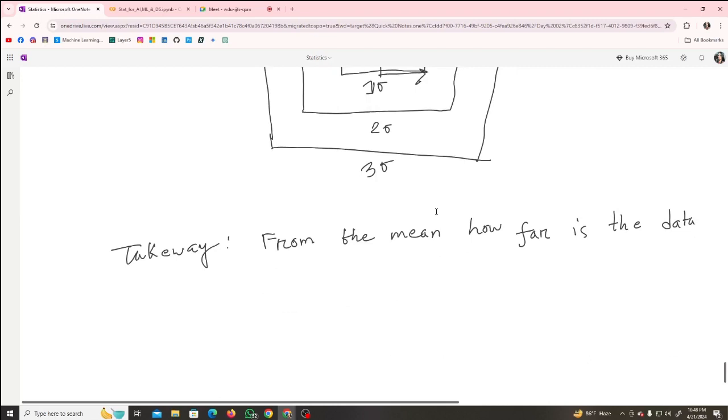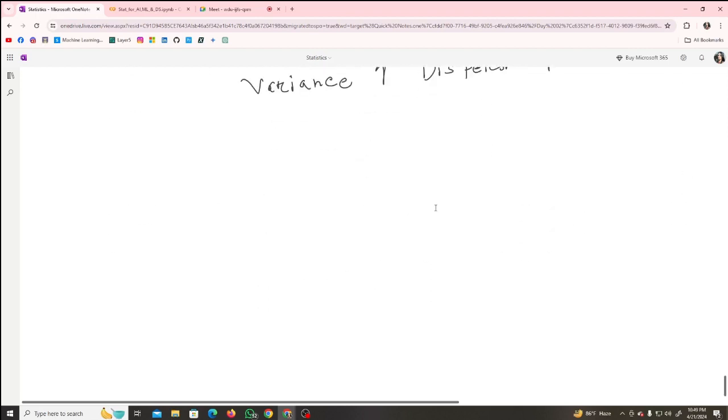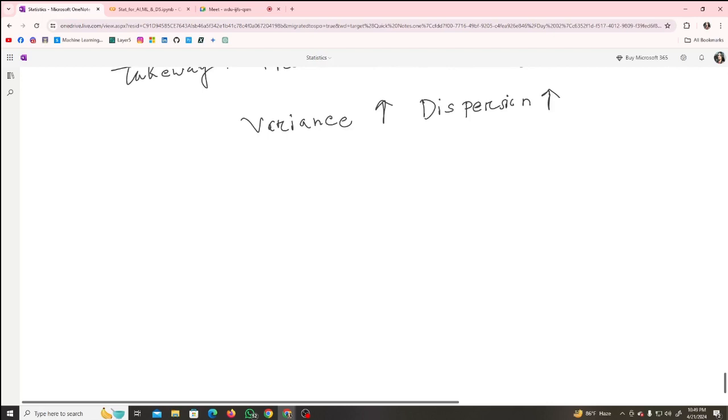And the takeaway from variance is that the higher the variance is, the higher the dispersion is. I mean, the higher the value you get for variance, the more spread out your data is.